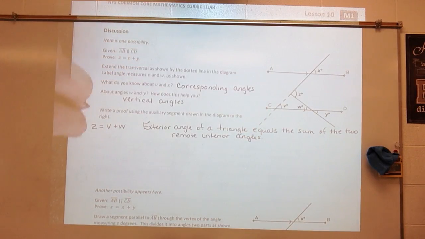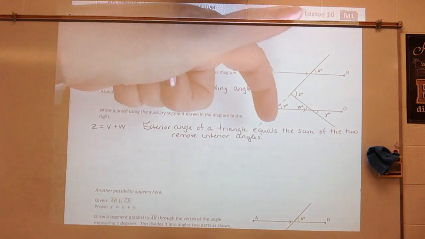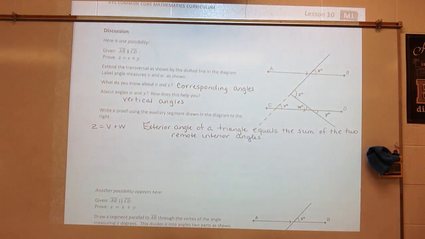So now with that being said, I know that Z is equal to V plus W.